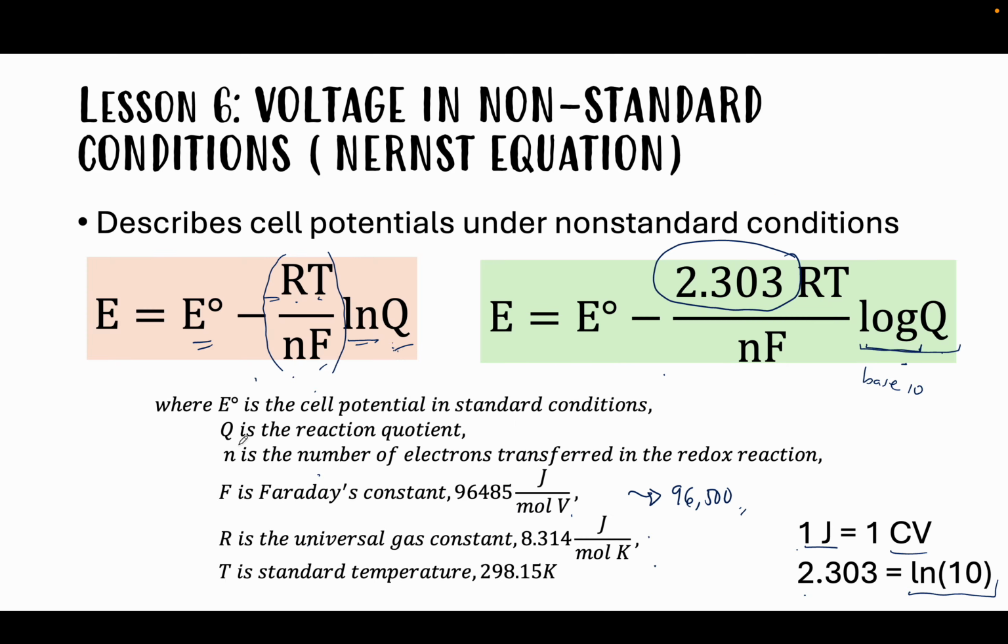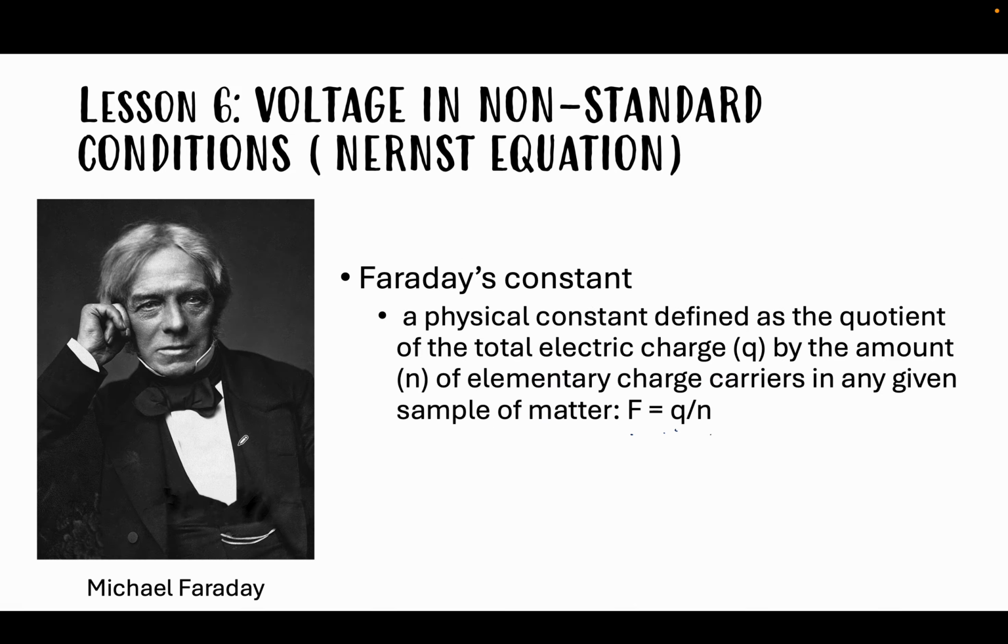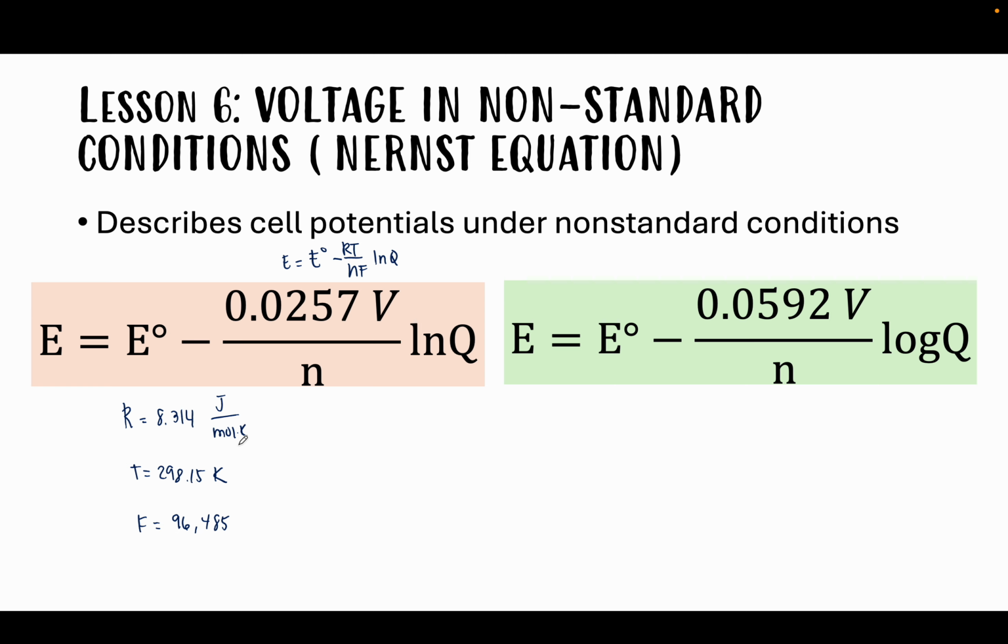So we have joule per mole volts. Or we know 1 joule is 1 coulomb volt. So let's have the conversion there. What else? So N. Okay, so N is not dependent on the balanced equation.